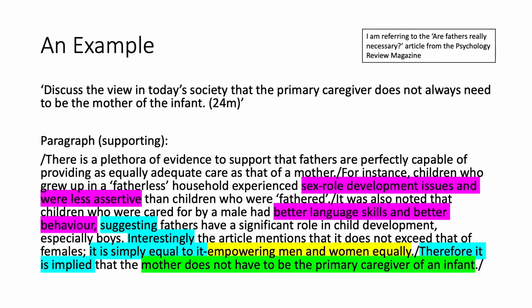So here's my paragraph. Let's say I am beginning with a supporting piece of evidence. So I have included forward slashes here so you can see how I am structuring my paragraphs. I'm referring to this article up here. It's very useful. I suggest you read it. So here we've got my point that fathers actually can do a pretty good job at taking care of infants. I have included AO1, which is what the article told me.